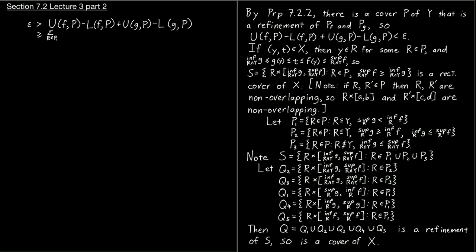Those are a bunch of rectangles contained in our set Y. The volume of the rectangle times the supremum of F minus the infimum of F plus the supremum of G minus the infimum of G. And then we have to add on to this the rectangles in P2.